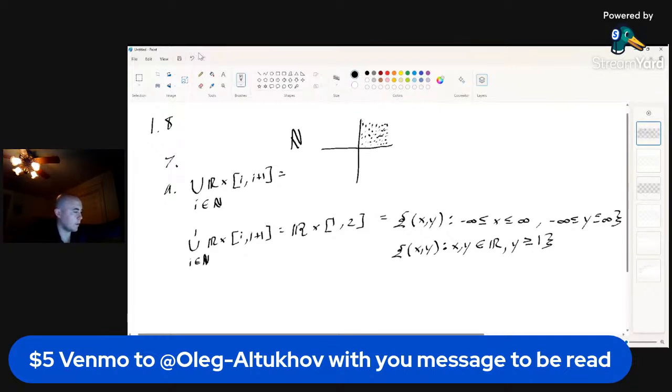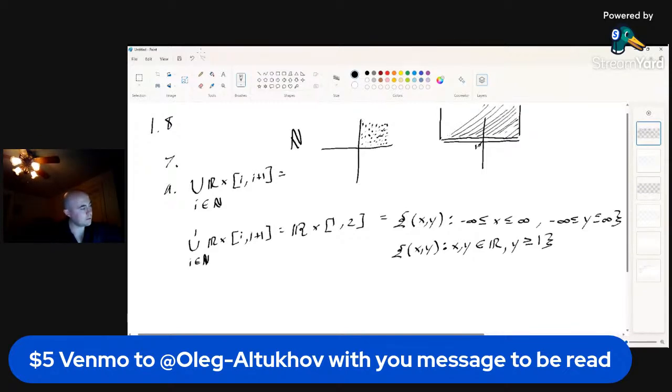That's the full grid, and Y is greater than or equal to 1. So that means we have something like this. X ranges this way, Y ranges so X can go this way. This is going to be 1. So that's 1. And then it would just be this block.